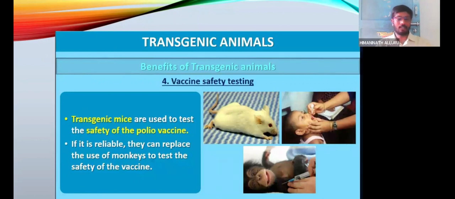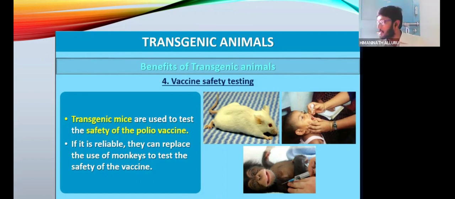Second thing, vaccine safety. We can link it with the present-day situation. Why did Covaxin not get approval immediately? Why was it taking a lot of time to get the approval? What does safety testing mean? Why does it have to be tested before giving it to human beings?